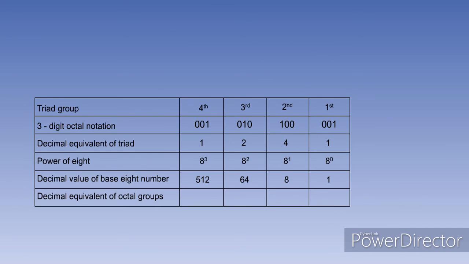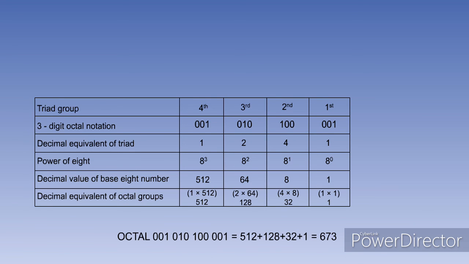Each group is then converted to its decimal equivalent. Each resulting decimal number is then multiplied by its relevant power of 8. Finally, the decimal numbers are added together to produce the decimal equivalent. Octal notation is often used for the transmission of data by aircraft computers and their peripherals.